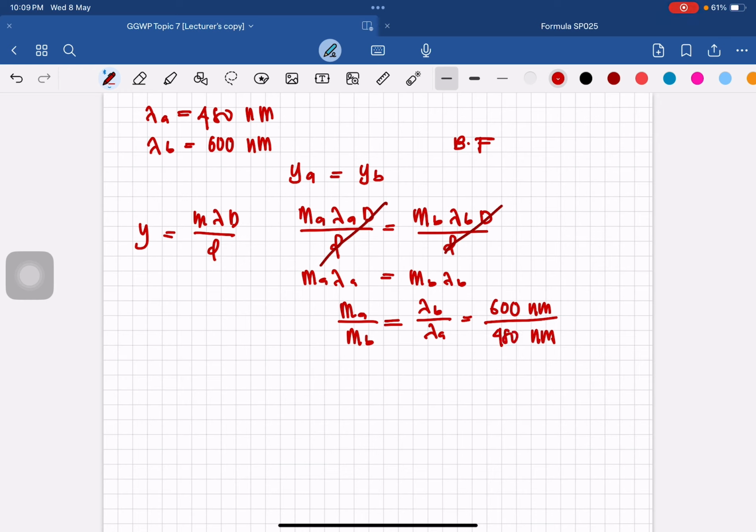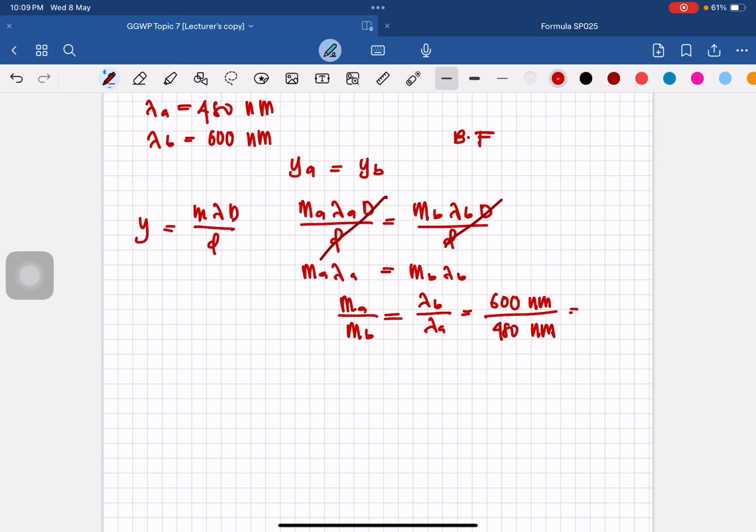Okay, so for this one, sorry, I do need to calculate this. Just double checking the answer scheme. So this one's gonna be equal to 5 over 4 lah. Obviously dorang tiada unit because it is a ratio. Lagipun yang ini ni akan cancel out. So it's gonna be 5 over 4.